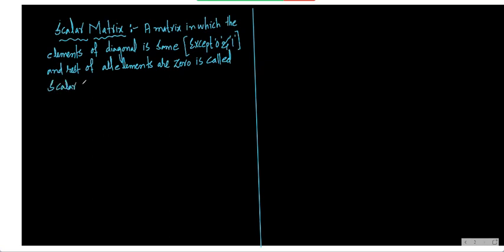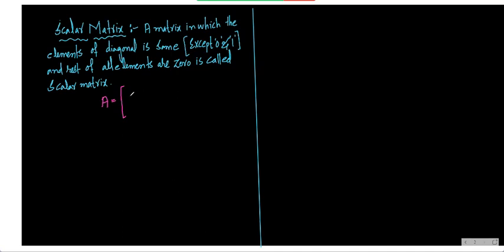Definition is there. Can you tell me the example? Once you understand the definition, then only you can give the example. Let me read it first to myself. Denoted by A, for example. A matrix in which the elements of diagonals is same.